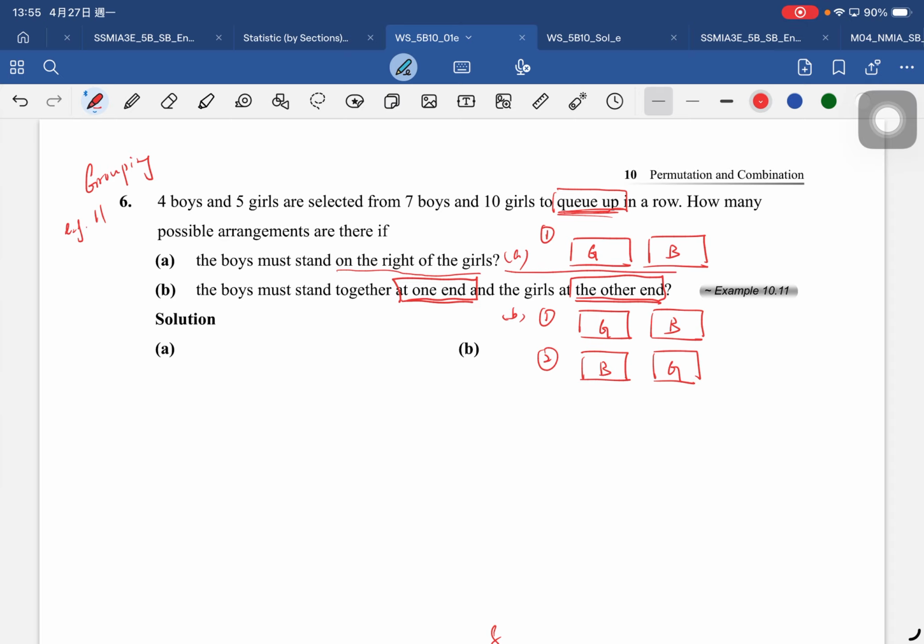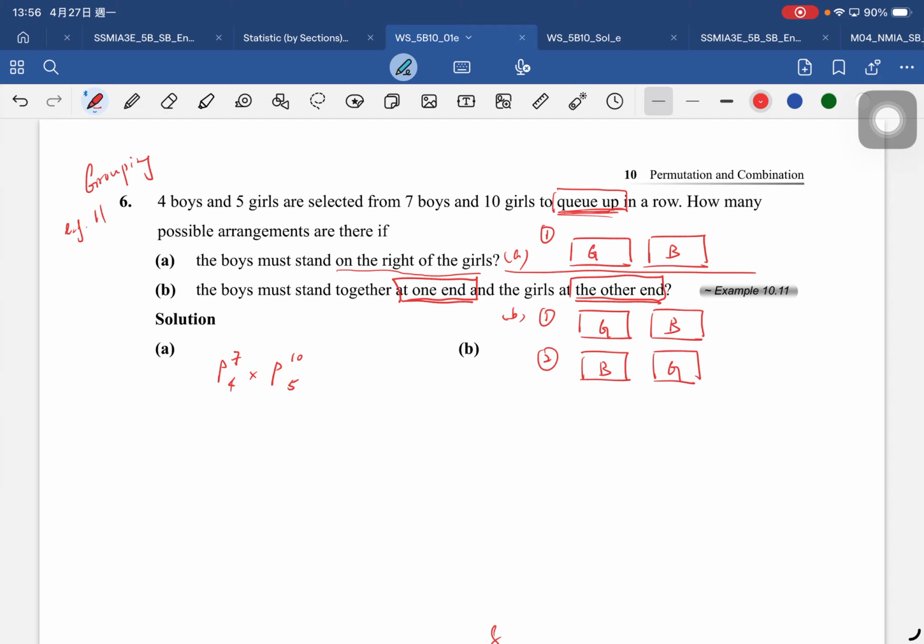So this is part a, which I told you about last lesson. In this case, what should you do? There are 7 boys. You select 4 of them only, so 7C4, and then arrange them on the right. How about girls? Amongst the 10 girls, you select 5 only, and then select them and arrange them, 10P5.